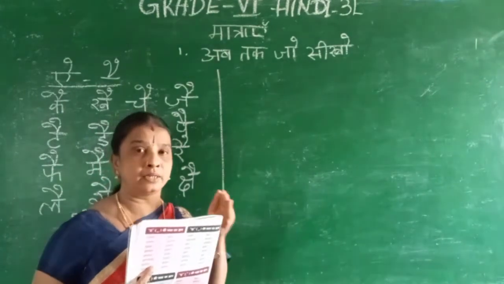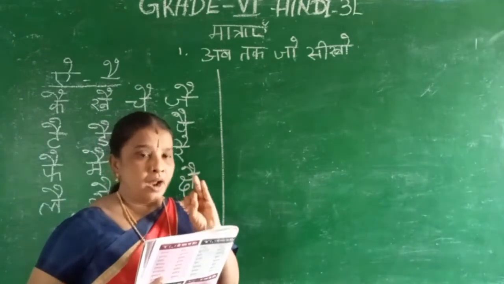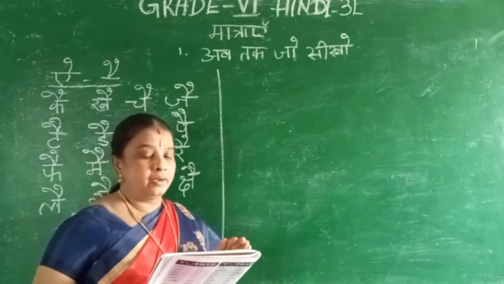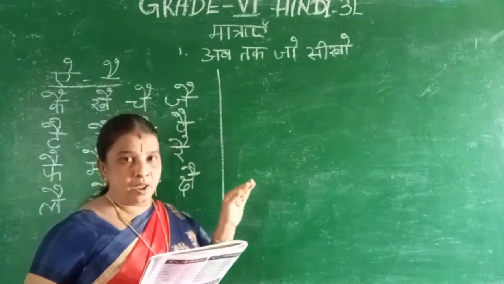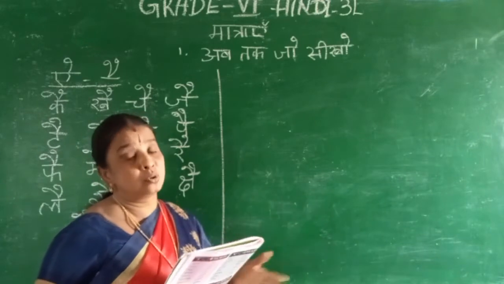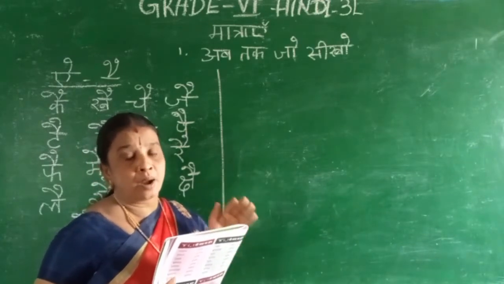I hope you all have written in classwork vowels, consonants and matra table 3 times. I will give the classwork in PDF form in the Google Classroom app, so that you complete the classwork compulsorily.